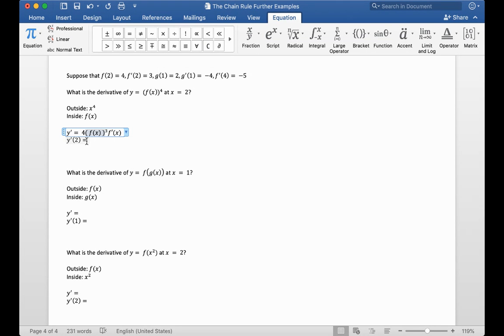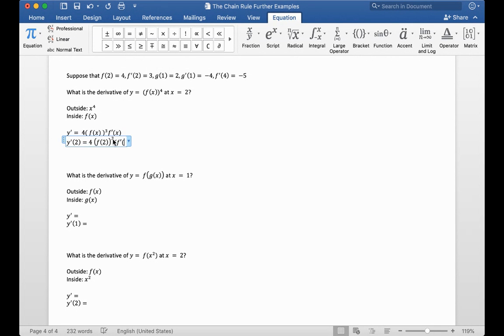And so to find out what the derivative at 2 is, we plug in 2. And so y prime of 2 is going to be 4 times f of 2 cubed times f prime of 2. And we can use the information up here to substitute in.